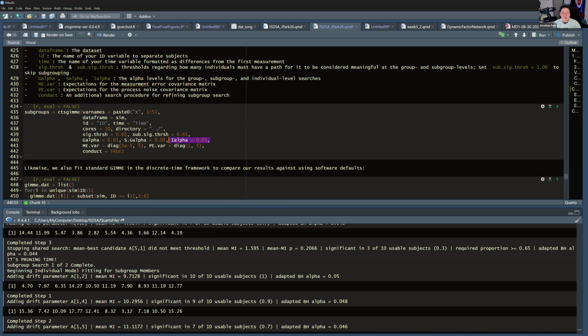So sometimes we're recovering really well the group and subgroup level structures, but if there's person-specific estimates, we might miss those because this is a little bit more conservative. But at least in terms of the smaller sample sizes we tend to get, I tend to err on having a more conservative individual alpha just to not capitalize on noise because we do have this tiered search.